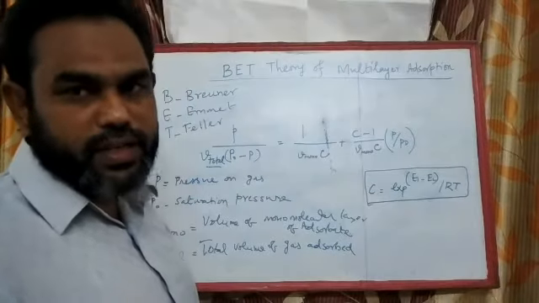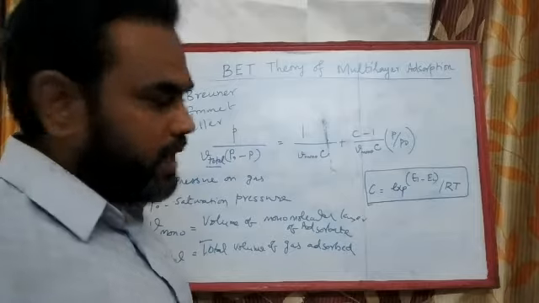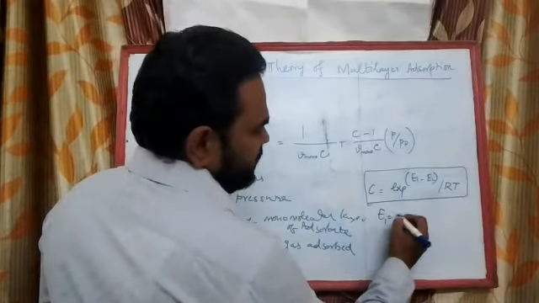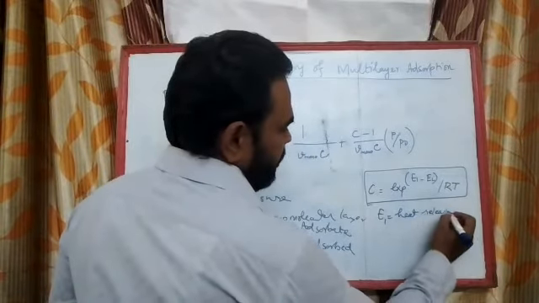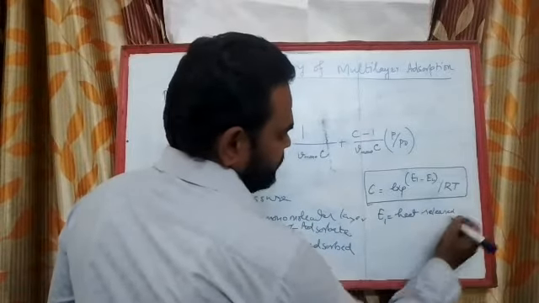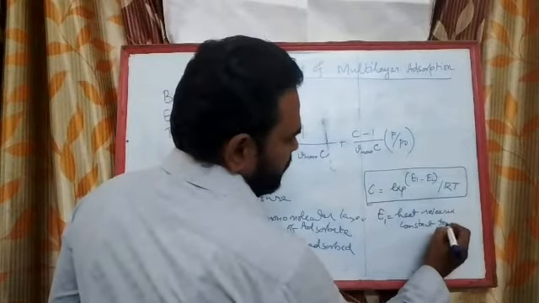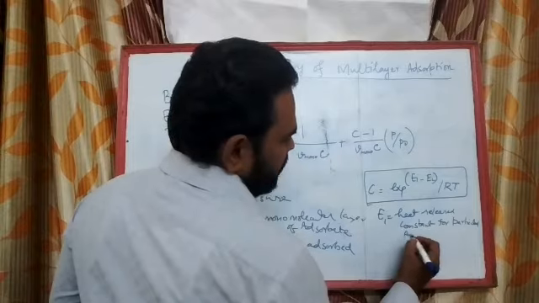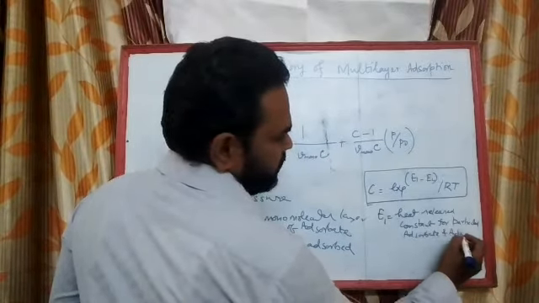T is the temperature which is kept constant for a particular adsorption isotherm, where E1 is the heat released, which is a constant for particular adsorbate and adsorbent.